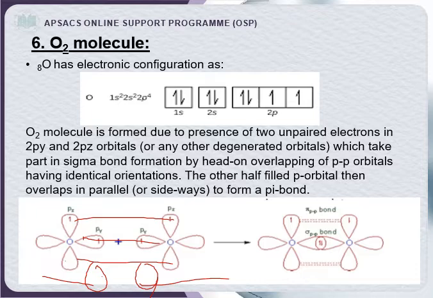One is present at the central axis, so it will be a sigma bond formed by the P to P overlap, while the second one is also a P to P overlap, but this time it is the lateral overlap which will occur to produce a pi bond.